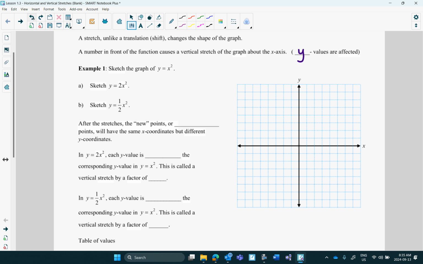If we sketch y equals x squared, you should be pretty familiar with this one right now. (0, 0), (1, 1), (-1, 1), (2, 4), (-2, 4).